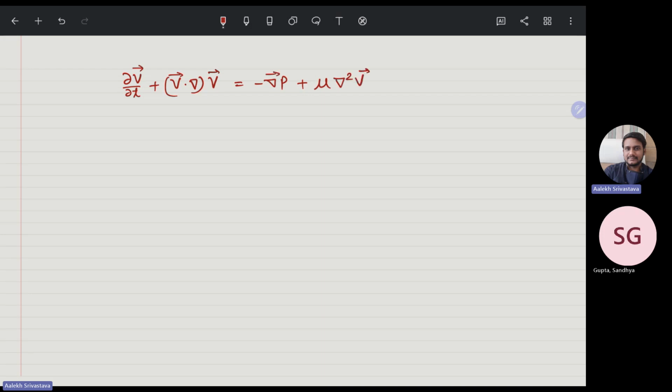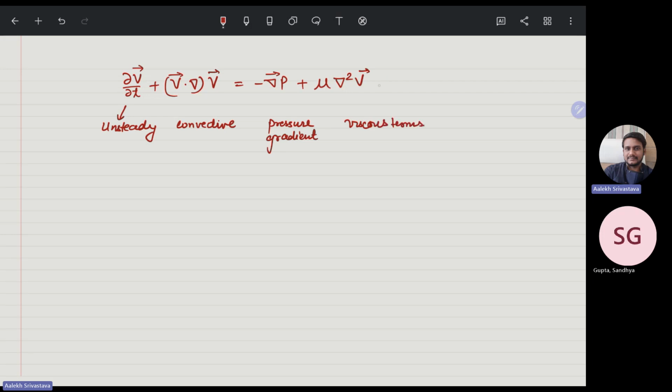So this is the Navier-Stokes equation in vector form. Now here, if you see, this term is the unsteady term. This is the temporal term, sorry, convective term. This is your pressure gradient. This is your viscous term.